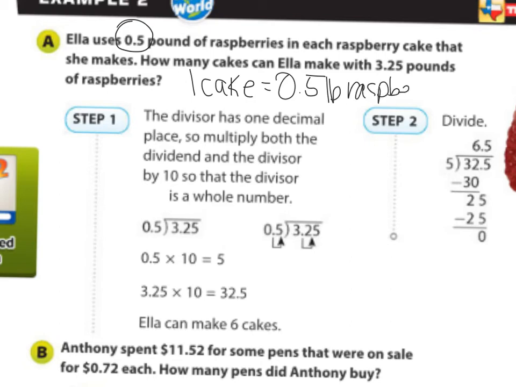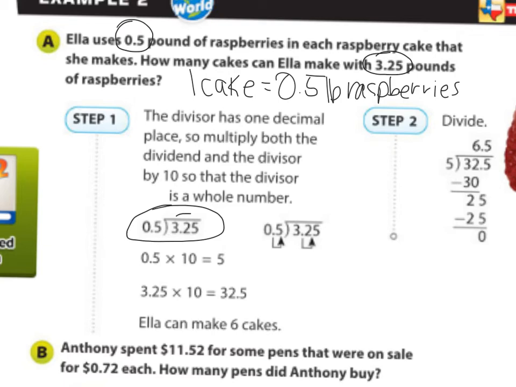And it says, how many cakes can Ella make with 3 1/4 pounds of raspberries? So we're going to see how many groups of half a pound there are in 3.25. And you can see that that's what they set up here.